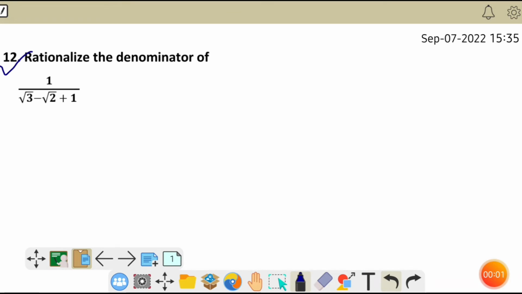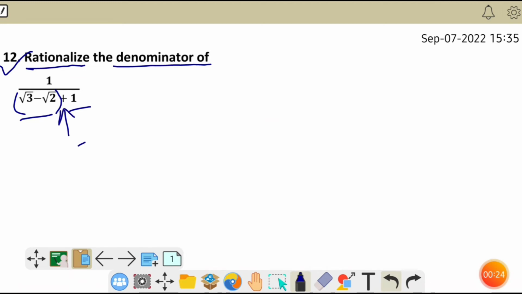The next question is rationalize the denominator of. So in the denominator we have two signs, one is negative and one is positive. So in this case, what will be the rationalizing factor? For that we have to separate the numbers and take only one sign.